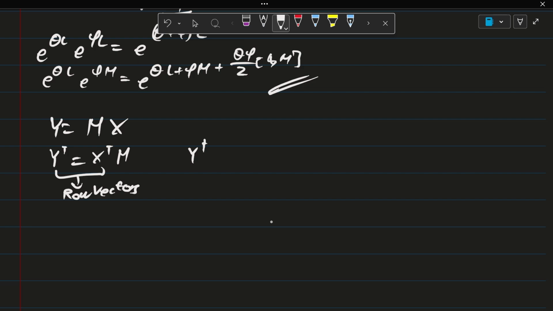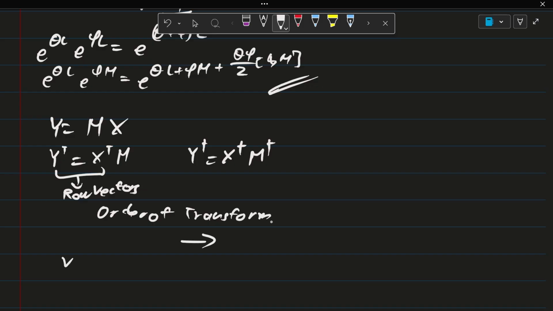It turns out daggers also have a similar property with transposes, in that you just flip the coordinate system around. And so with this, you actually transform your order of transformation from left to right. So if, let's say, y transpose equals x transpose mn, you do m first and then n.